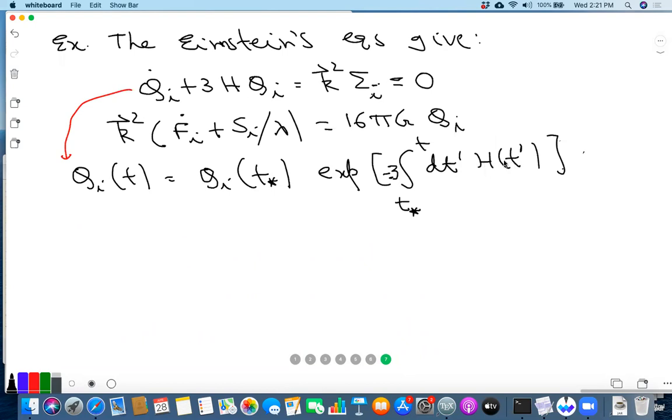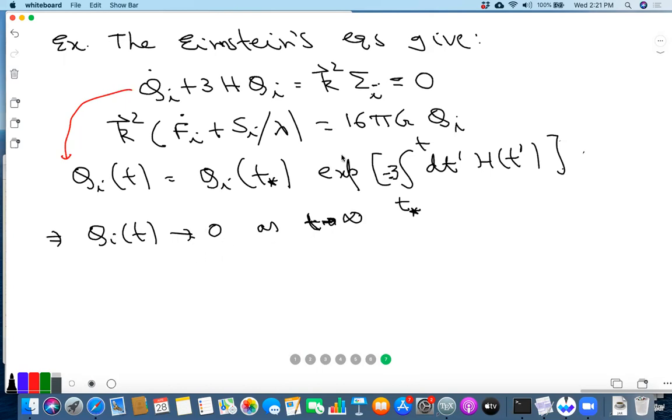Then once you exit into radiation or matter dominated era, H goes as 1 over t. So this integral of dt prime 1 over t prime is logarithmic, with some coefficient. So then Q_i of t will fall off as a power law in t. Even if Q_i of t star was non-zero, it will first fall off exponentially, and then as a power law. So this basically says that Q_i of t goes to 0 at large time. Large time means our last scattering is large enough compared to the time scale that we are talking about.